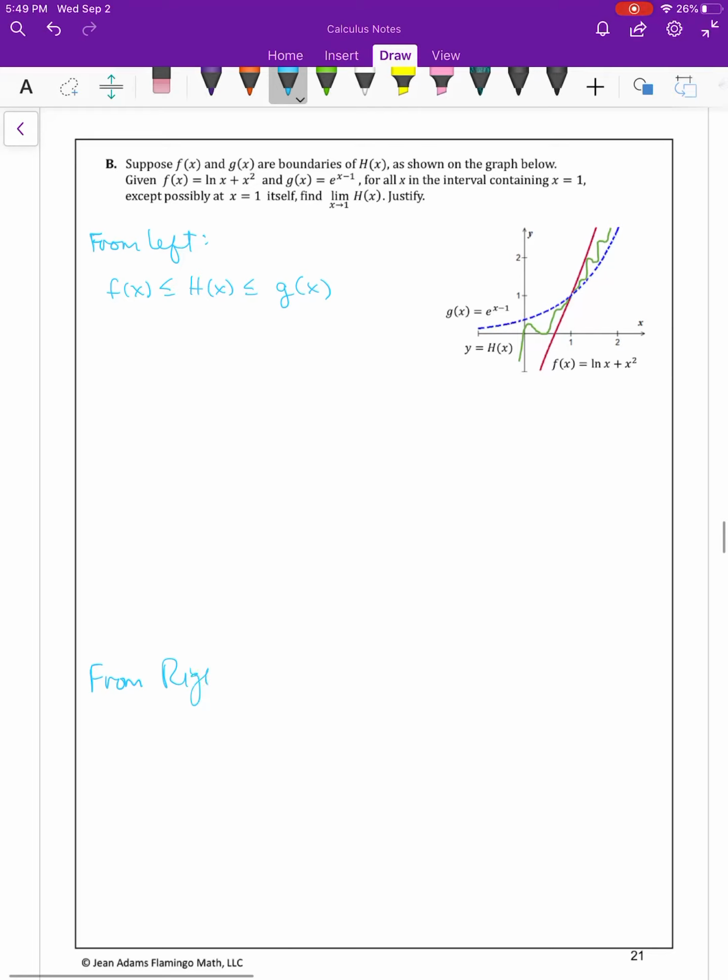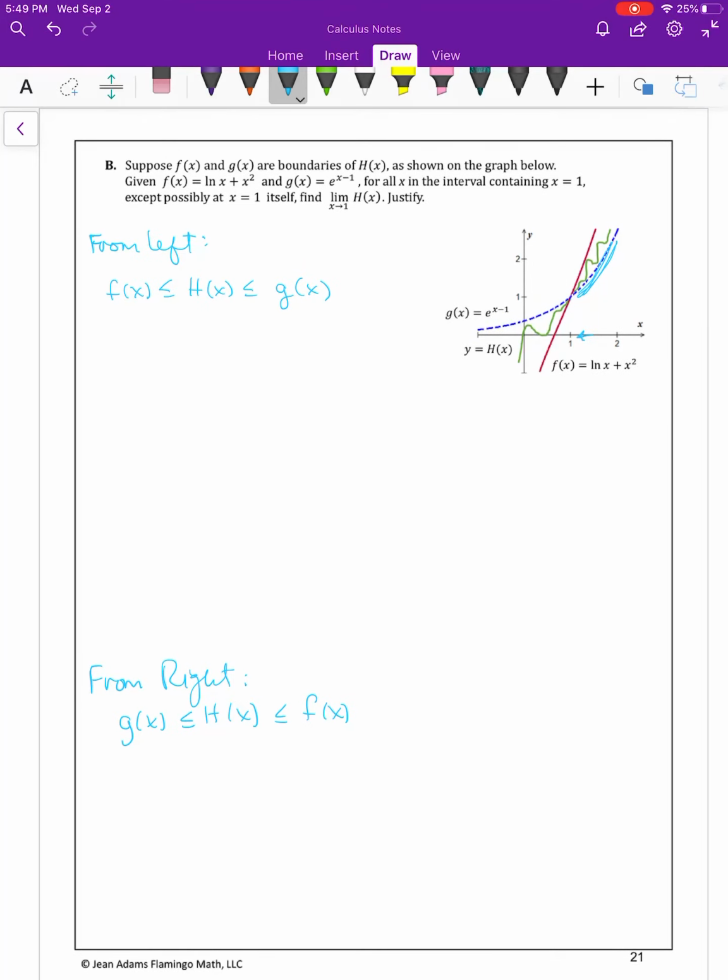And then down here, I'm going to say from the right, because if I'm coming in towards 1 from the right, my g of x is the lowest. Look right here, you see how g of x is the lowest? So we have g of x is less than or equal to my green function, h of x, which is less than or equal to my red function, f of x.